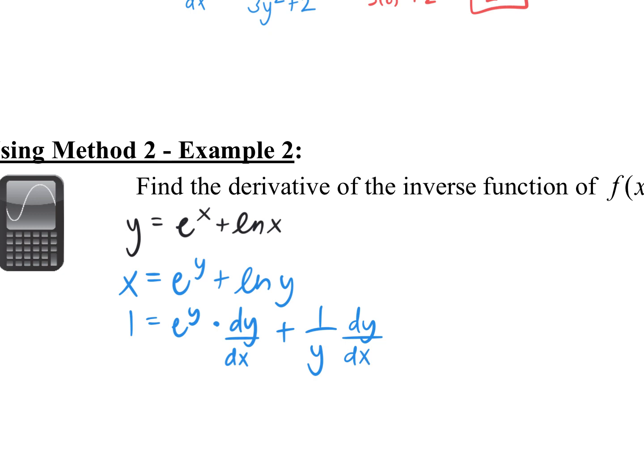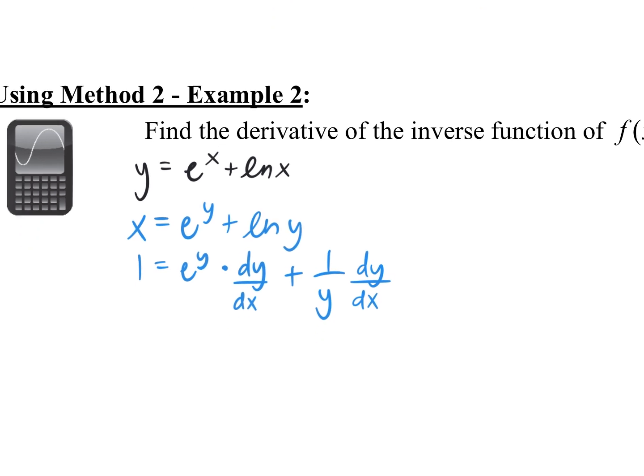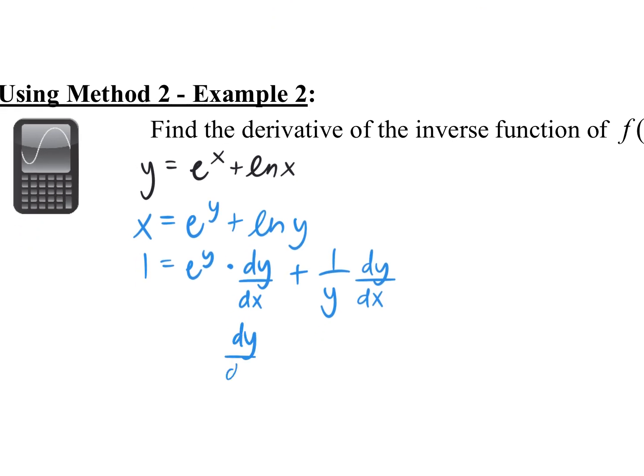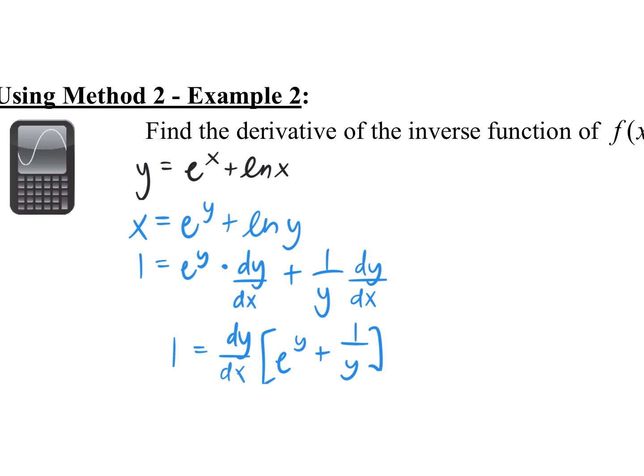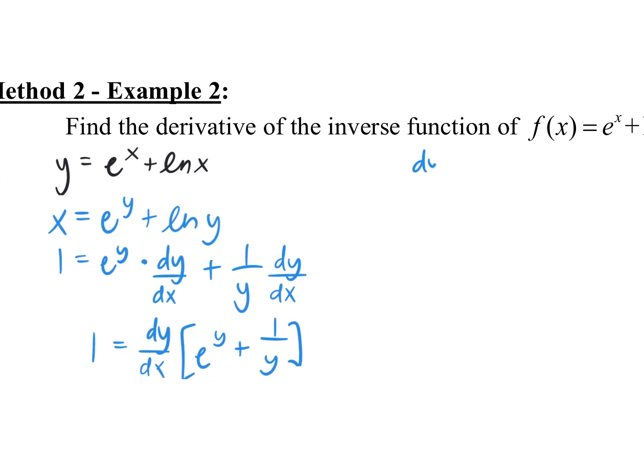Okay, now I can factor out that dy dx, and when I factor it out, I get e to the y plus 1 over y, and this all equals 1. So then we get dy dx is equal to 1 divided by e to the y plus 1 over y. That is my derivative of the inverse function.